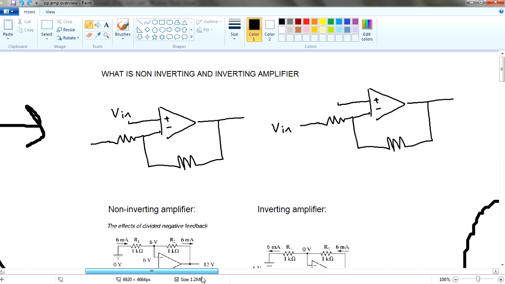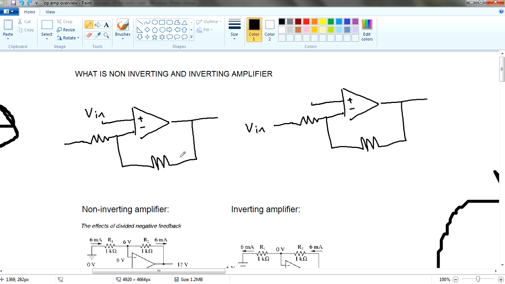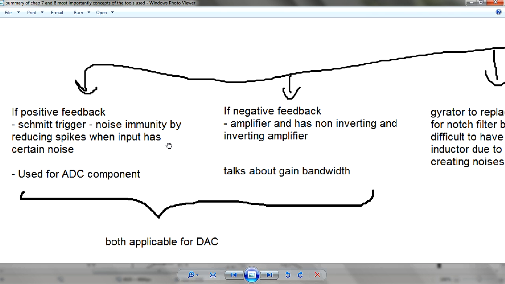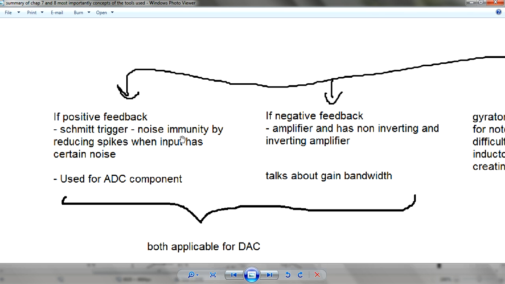So what are a non-inverting and an inverting amplifier? I think I have to go through this one also. If it's positive feedback, you have a Schmitt trigger. It has noise immunity by reducing the spikes when the input has certain noise.